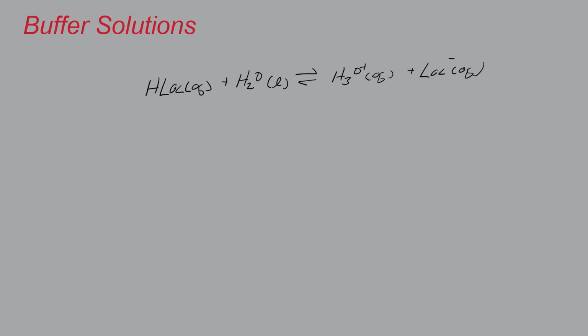Now, this is an equilibrium system, so you construct an ICE table just like you have been doing the past couple weeks, except the initial conditions that we're working with here are actually going to be the end concentrations from the stoichiometric part of this process from the last slide, which means at this point our initial lactic acid concentration is 0.2 molar. Again, water we can safely just ignore.